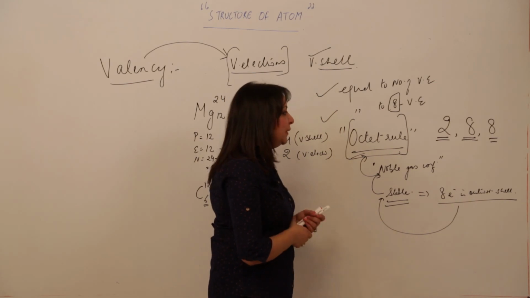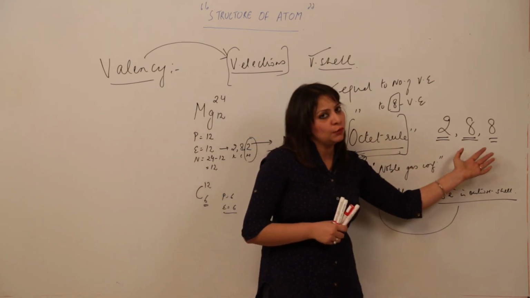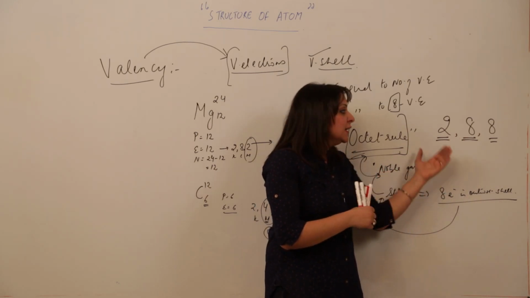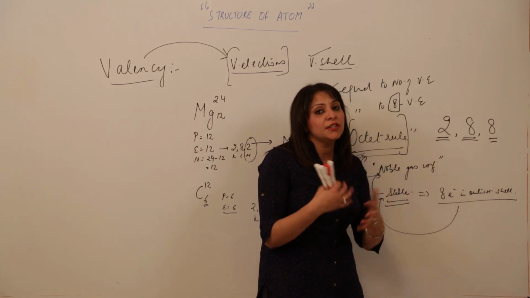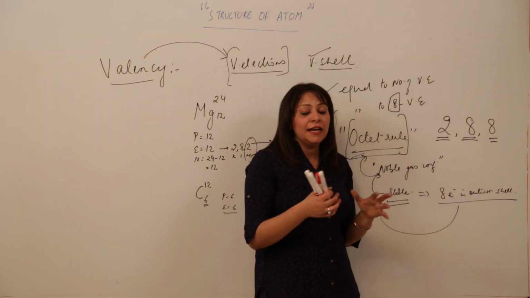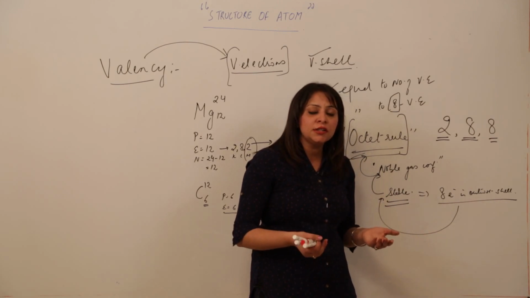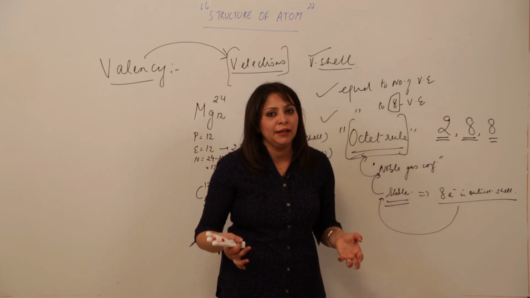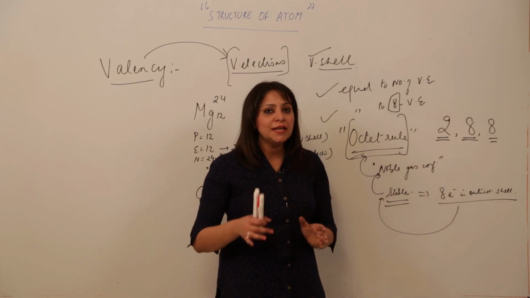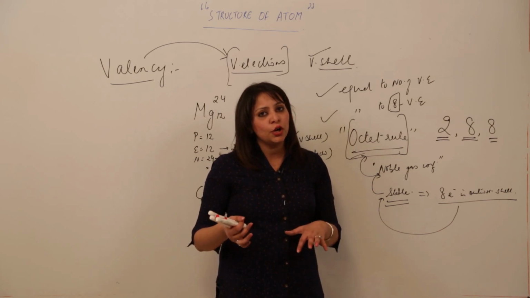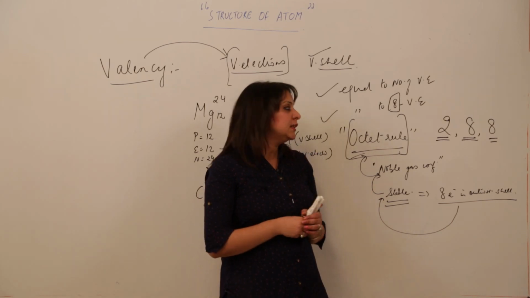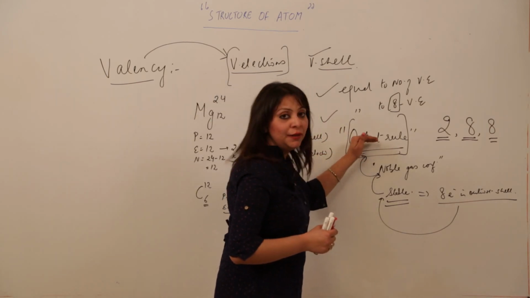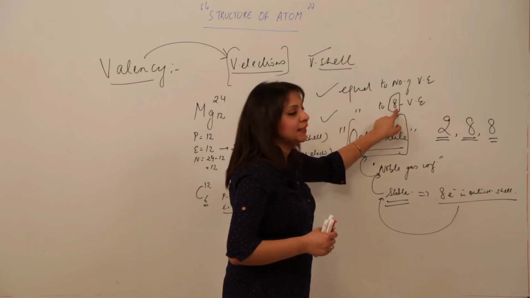So for the sake of stability, an atom combines with other atoms, either fulfilling its octet by losing electrons, or by gaining electrons, or by sharing, but somehow it needs stability. So from this octet rule, oct means 8, this 8 is taken.